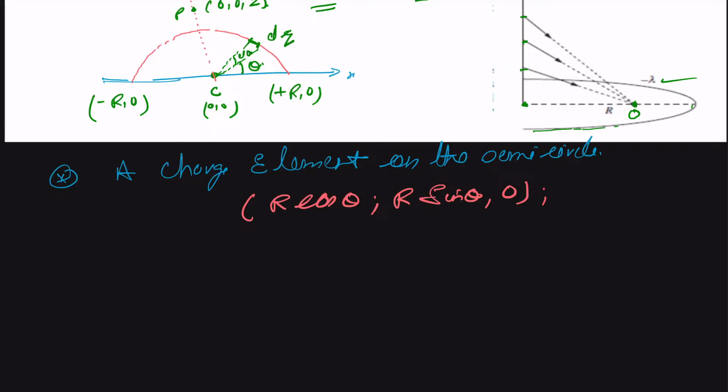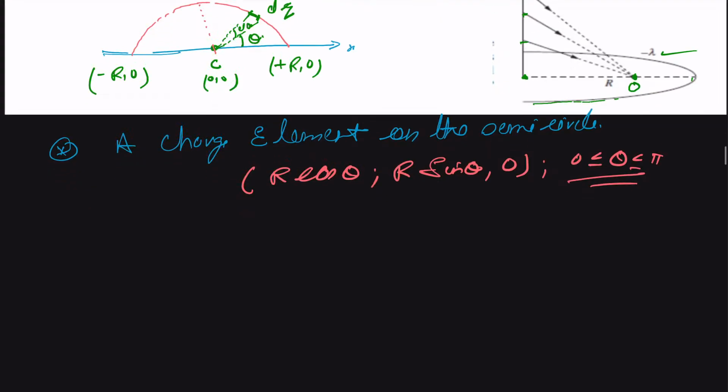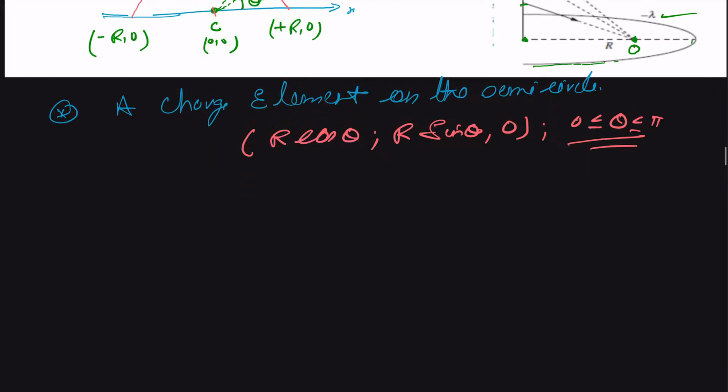In this case we have to remember that our theta is going to lie between 0 and pi. And for this charge element we can write its value of charge, that is dq. So we can say that dq will be equal to minus lambda r d theta.